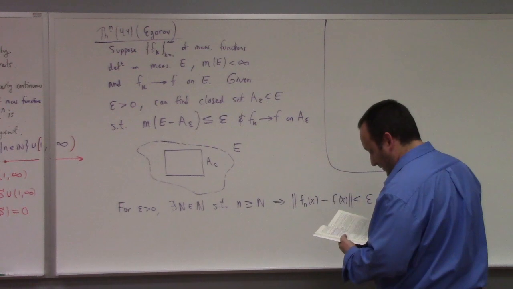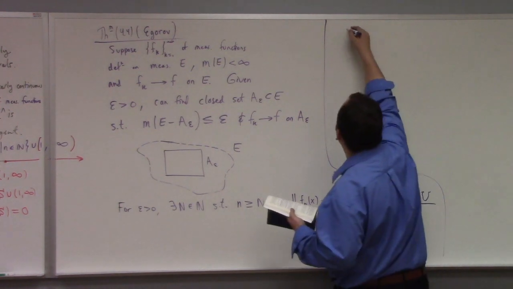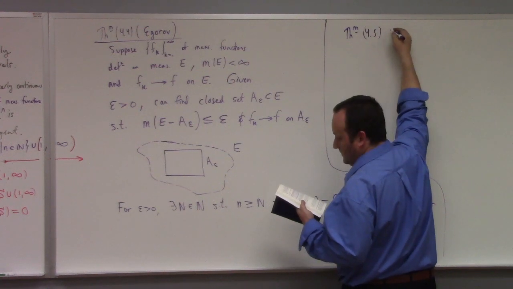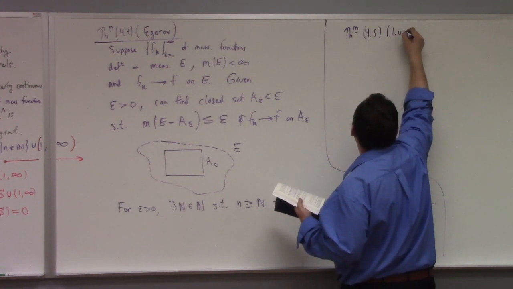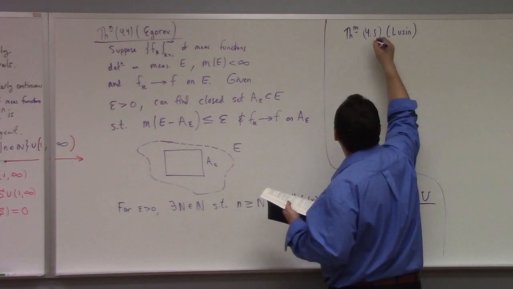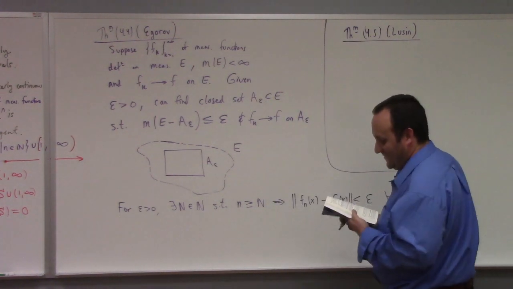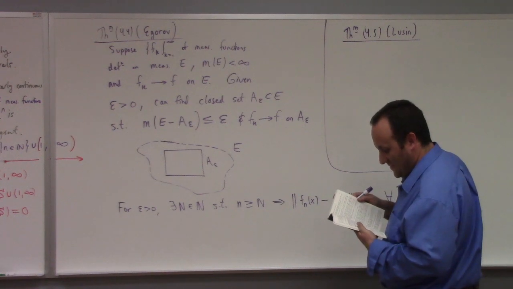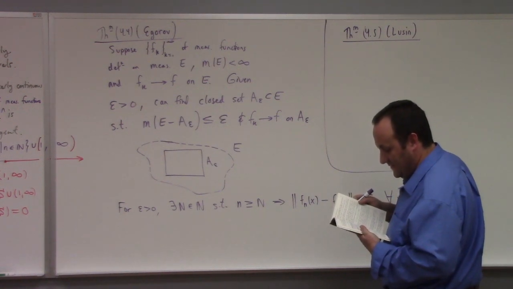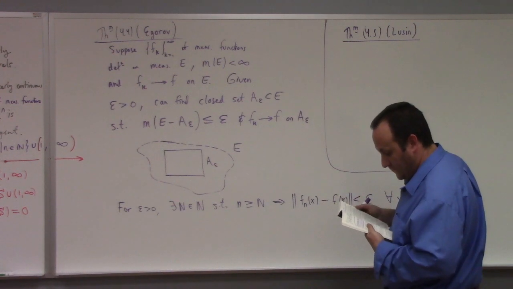Theorem 4.5 is the other one, and this is by Lusin. It's probably not how it's pronounced. He says this attests to the validity of the second of Littlewood's principles.